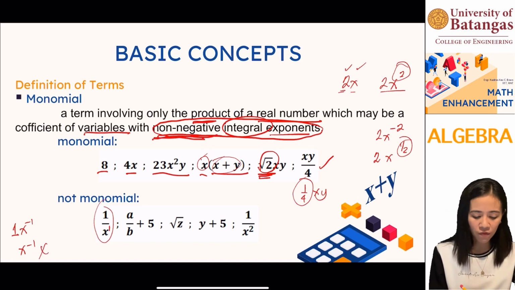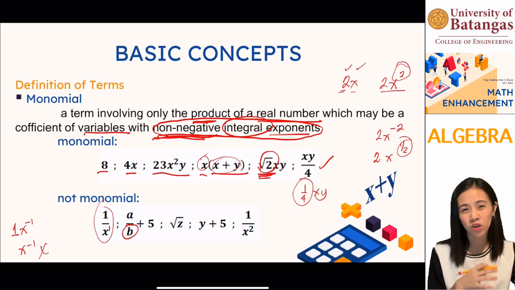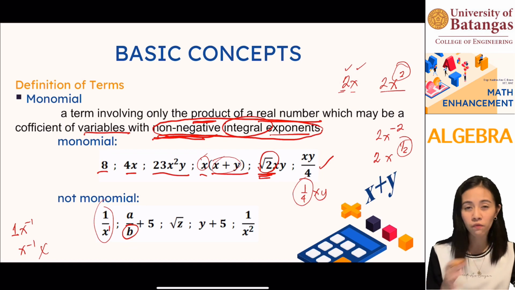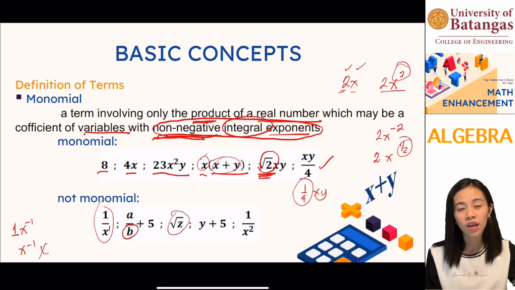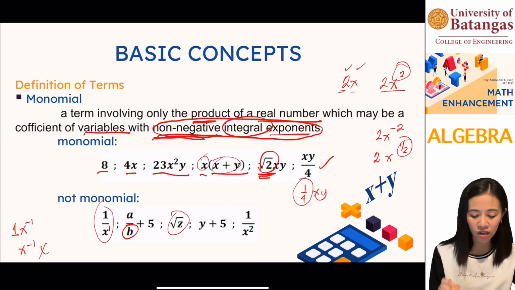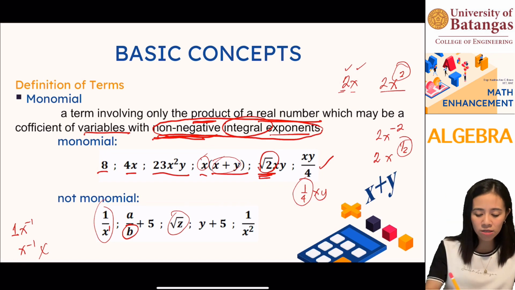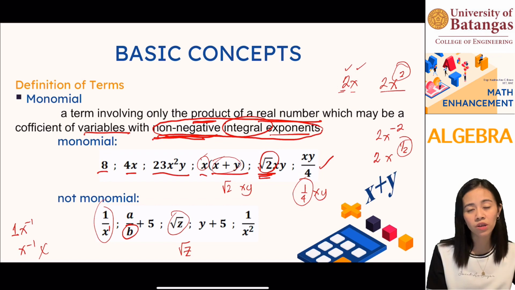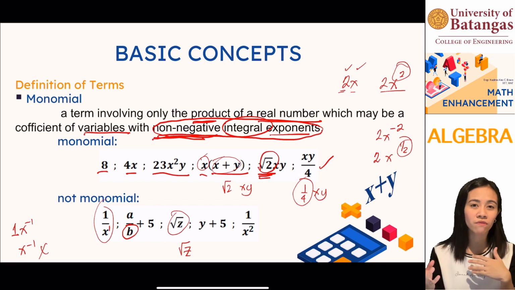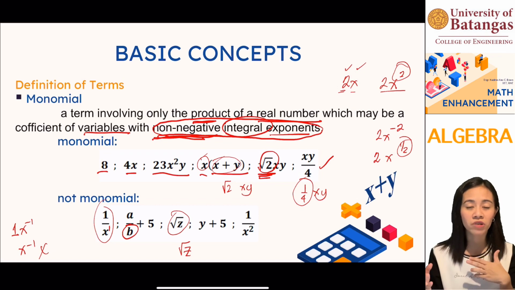Okay. You have a over b plus 5. Of course, you have b in the denominator, so it will bear a negative sign if we remove the denominator. This is also not considered a monomial. So, the difference is, doon sa taas, you have square root of 2 times xy. Samantalang dito sa ilalim, you have square root of z. And square root of z, we know that radicals, di ba? Although, I know for sure you have a little bit of idea on radicals.